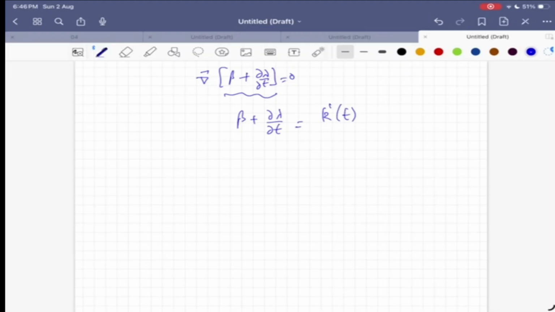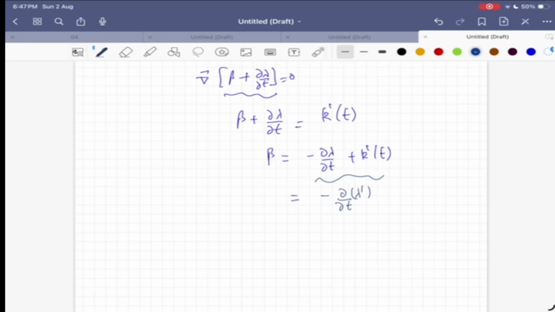And beta would be minus del lambda by del t plus some k prime of t, where lambda has a time dependence here. So what we can do is combine these two terms, because lambda is also time dependent, and convert lambda to some lambda prime.